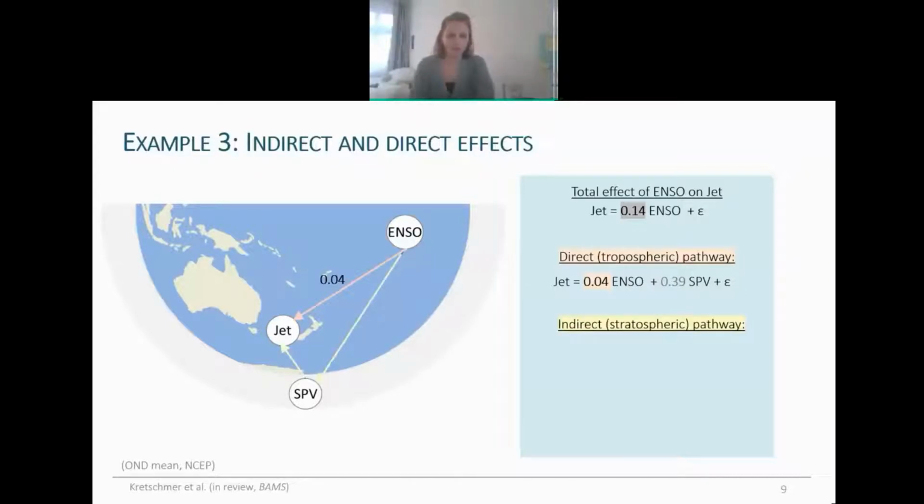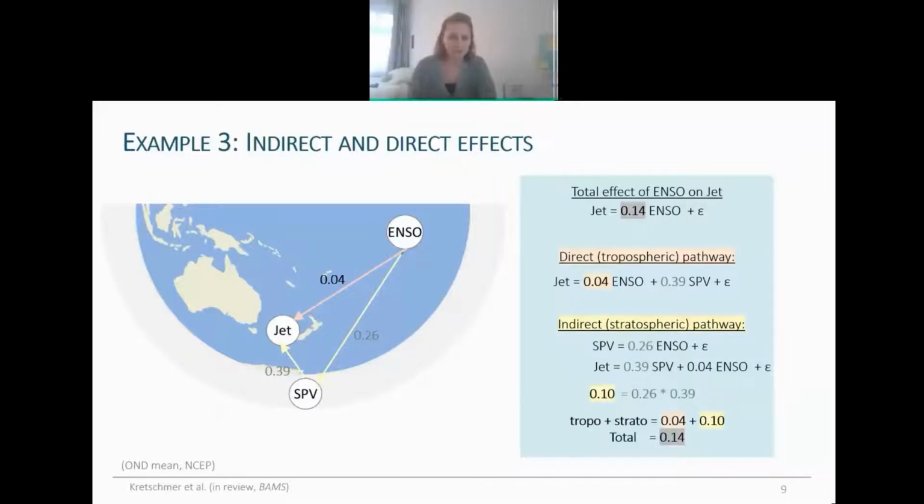Similarly, we can quantify the indirect pathway and estimate the effect of ENSO on the SBV and also of SBV on jet. For the latter, we do have to account for the common driver ENSO, as we can easily see from the network, which would otherwise block this effect. Then the stratospheric pathway is again just the product along the pathway, using this property of linear models.